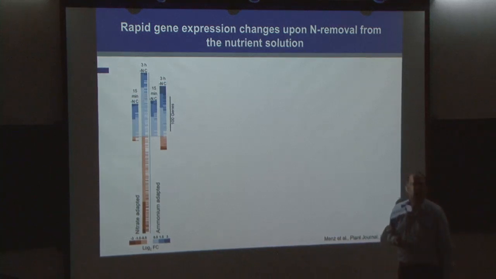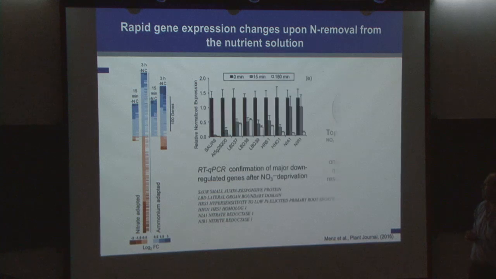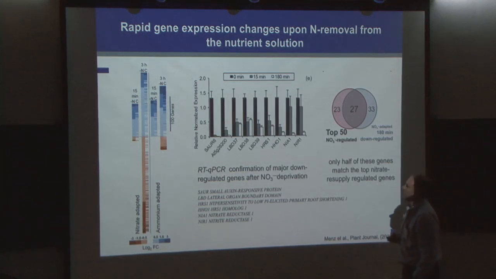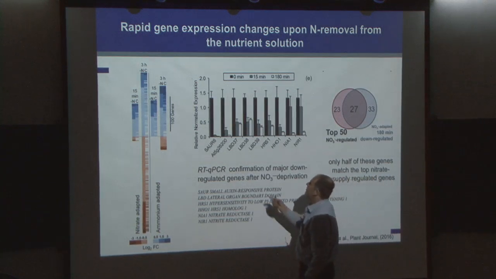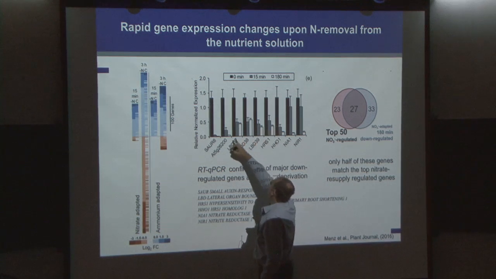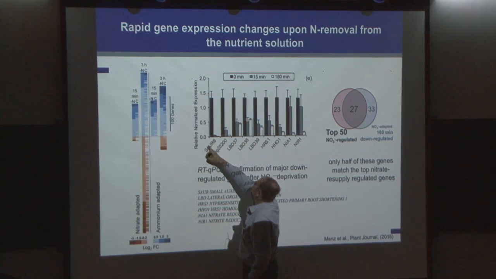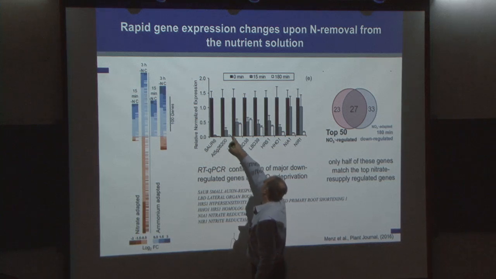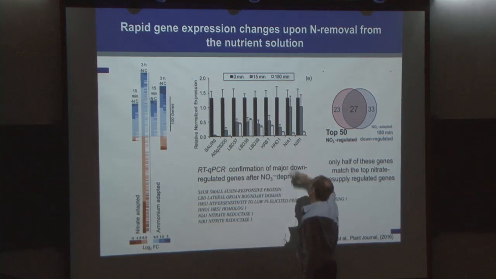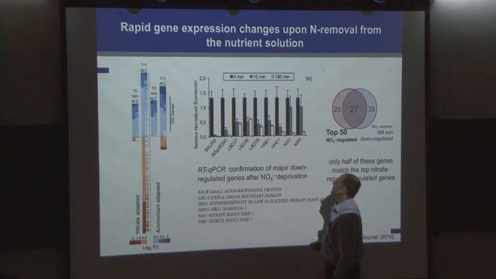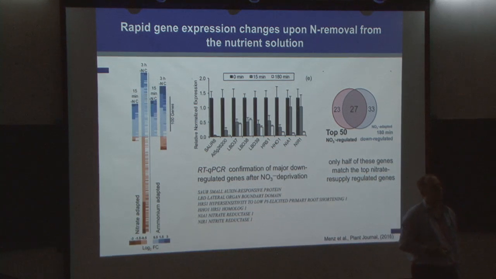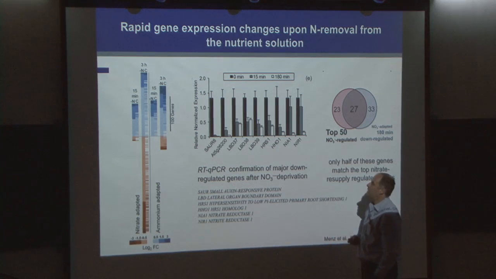With this, we have a look in a little bit more detail, and we confirm this by RT-PCR independently. And there are some genes that after 15 minutes or 3 hours are expressed initially and are going quickly down. These are the most impressive down-regulated genes within these 3 hours or even after 15 minutes after this nitrate deprivation.